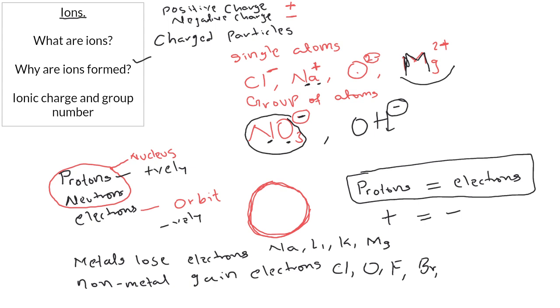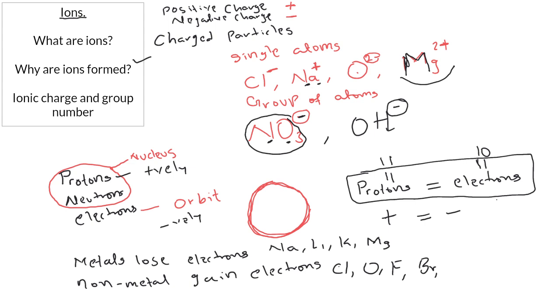Now, imagine an element has 11 protons and also 11 electrons. We say this atom is neutral, because the number of protons is the same as the number of electrons. Now, if this atom loses 1 electron out of the 11, there will be 10 electrons left, and still 11 protons.